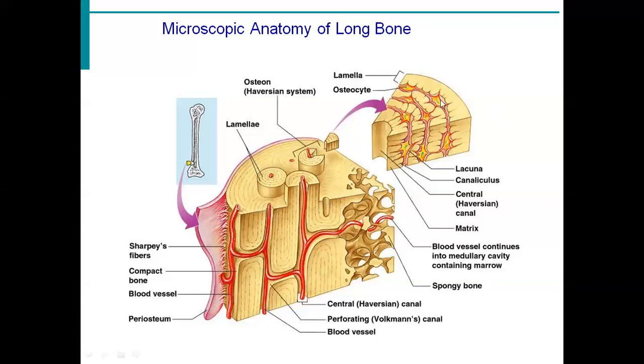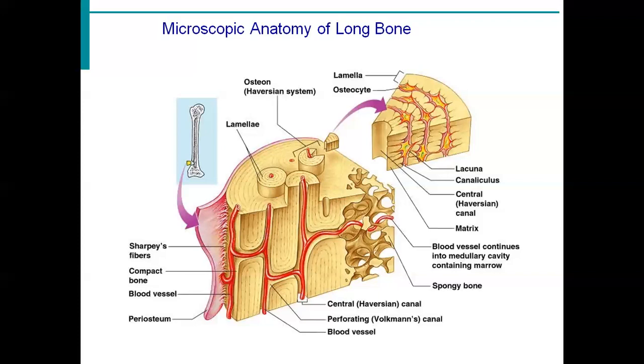The osteocytes are entrapped within the lacuna. Each of the lacuna is interconnected with the help of canaliculus, and thus a Haversian system is developed. A single Haversian system is interconnected with another Haversian system by the help of Volkmann's canal.